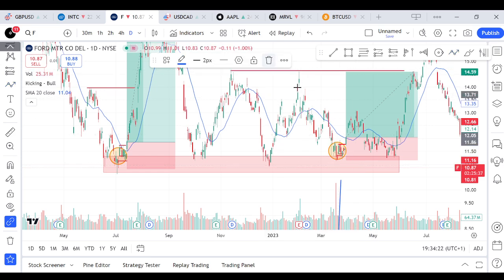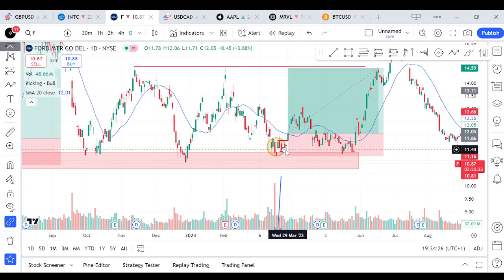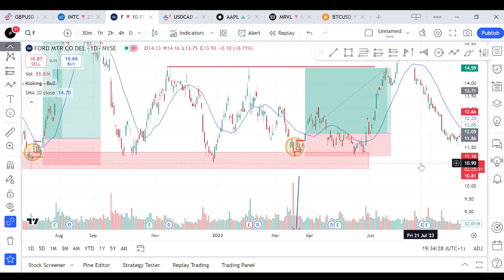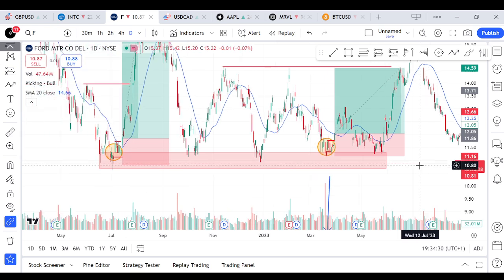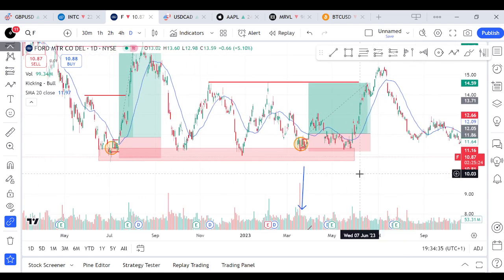So we almost had a false signal right here, but we used the additional tools to confirm and validate it before our entry. So it's always wise to use extra confirmation, price action, or you could use your moving averages or your RSI to know when to enter your trades.